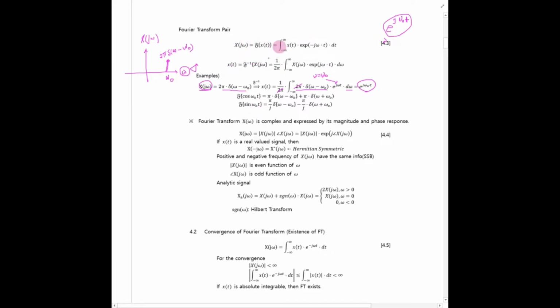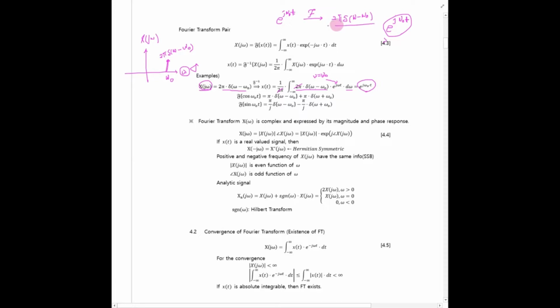By taking the inverse Fourier transform of 2π delta(ω minus ω0), we get e to the jω0t. It means that the Fourier transform of e to the jω0t will be 2π times delta(ω minus ω0).